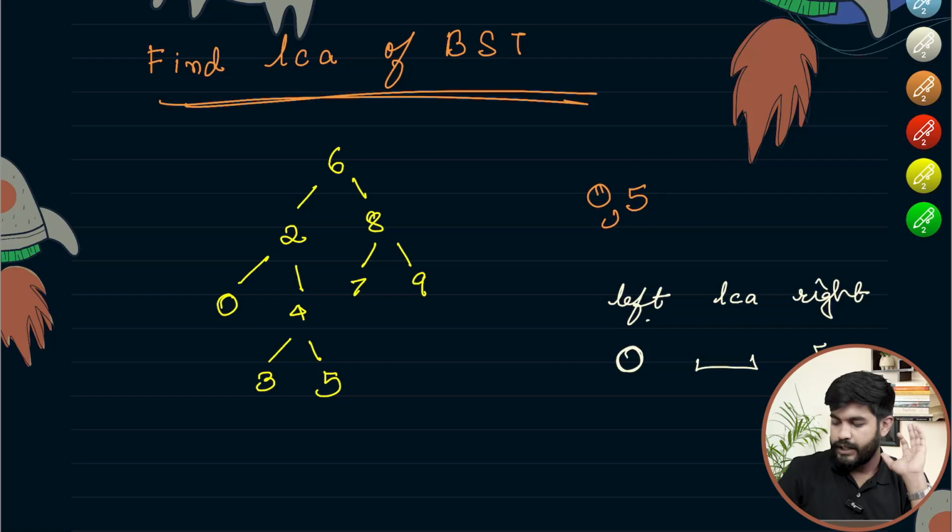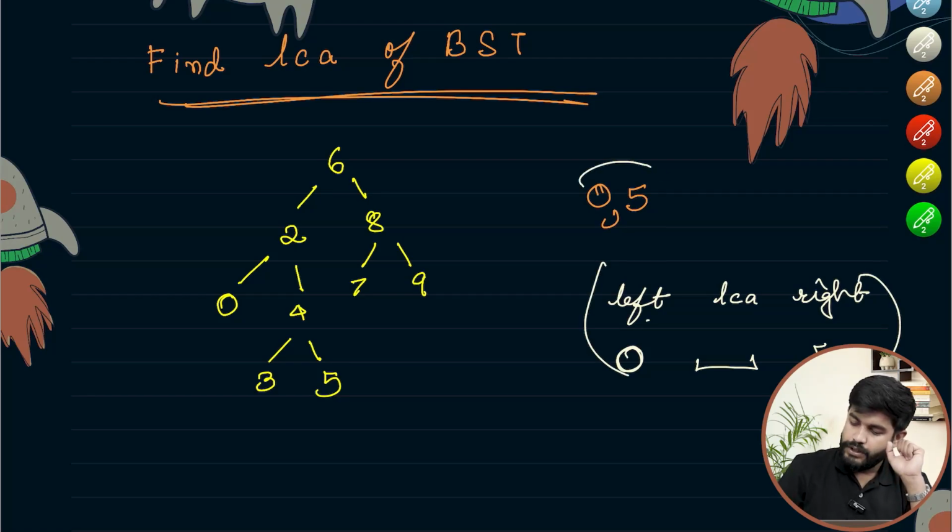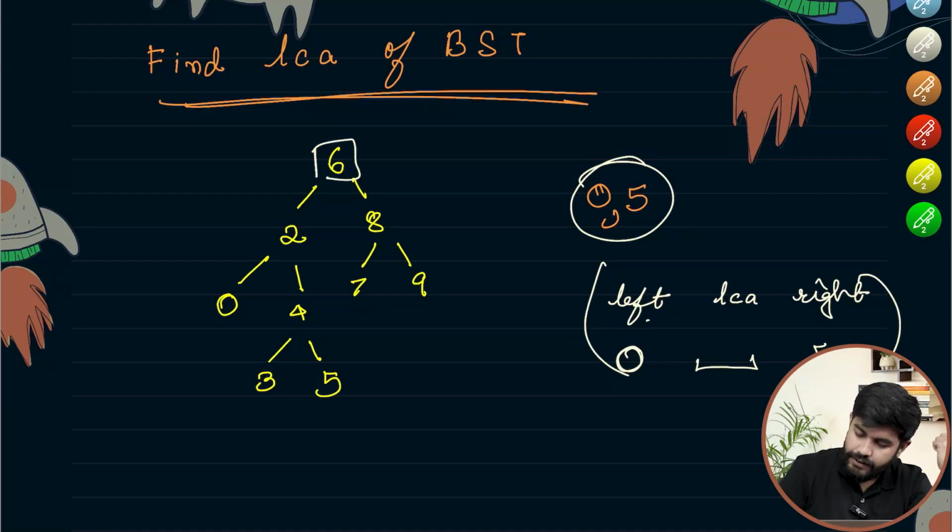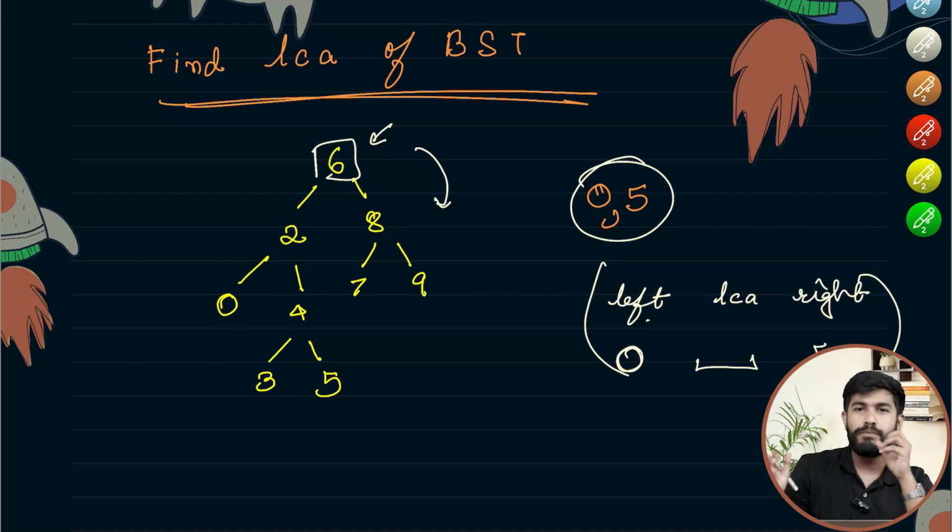We know that to be a parent. Now 0 and 5. Out of 0 and 5, we would start from 6. So we know that this value is 6. Going on the right hand side, we would receive values more than 6.